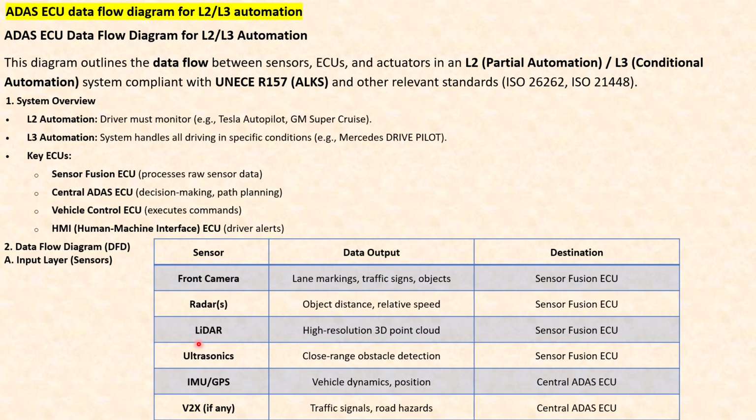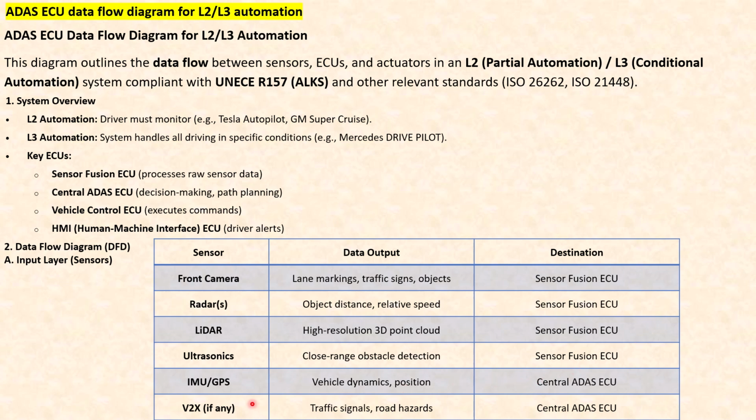All right, and when it comes to LiDAR, the output data is a high resolution 3D point cloud, and the destination is the sensor fusion ECU. And when it comes to ultrasonics, it is close range obstacle detection, and the sensor fusion ECU again is the destination. Now coming to IMU GPS, the data output is vehicle dynamics and position, and the destination is the central ADAS ECU.